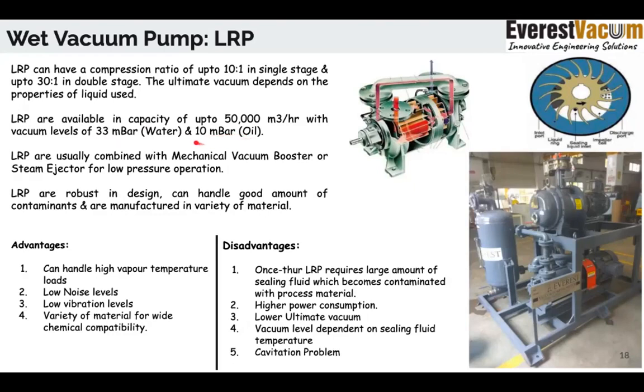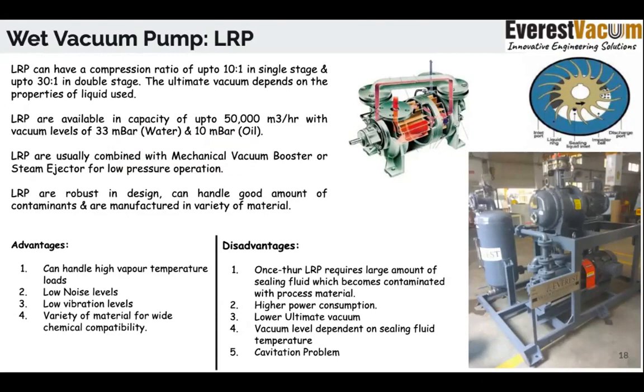Now, liquid ring vacuum pumps, when combined with mechanical vacuum boosters, offer exceptionally good pressures. Pressure here means vacuum, low pressures. So these are either used along with a mechanical vacuum booster or along with a steam jet ejector booster to get low pressure operation.